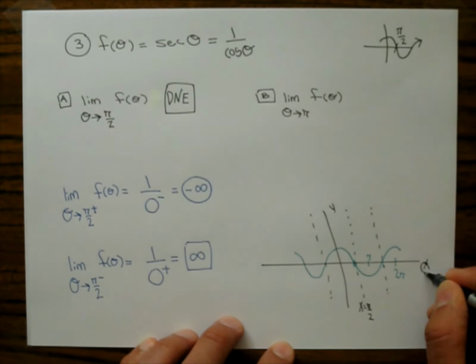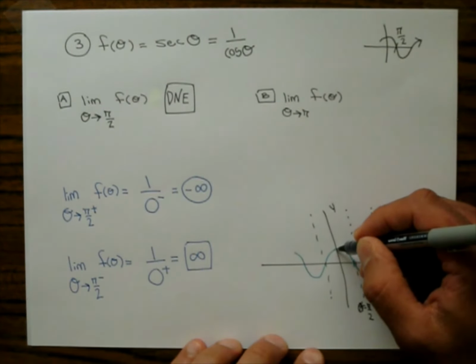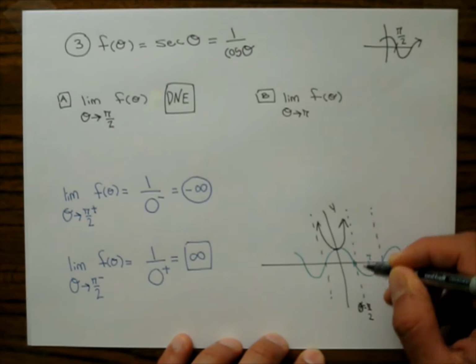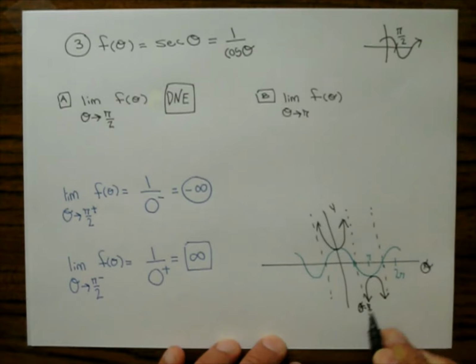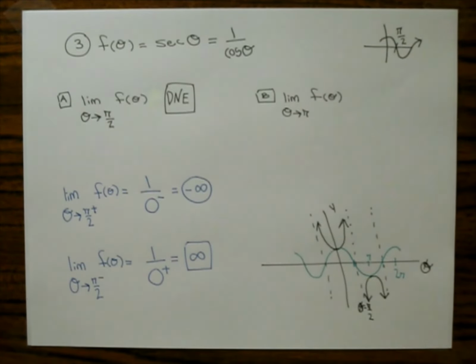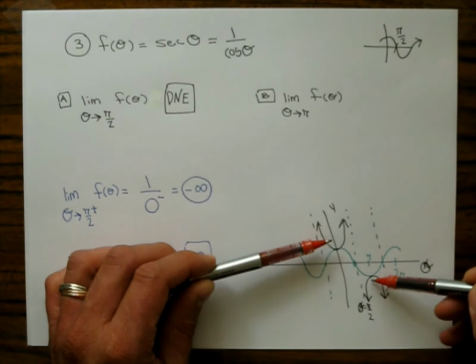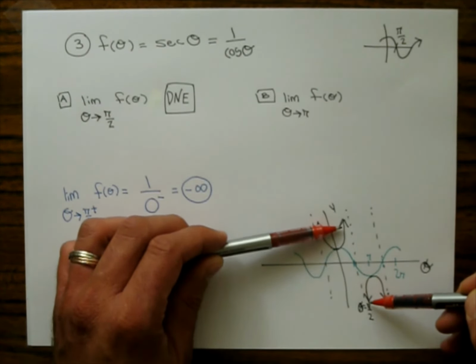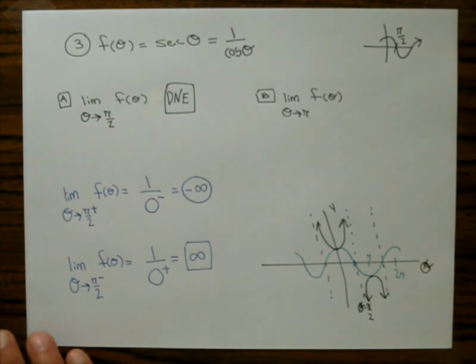Maybe I should be writing thetas. And so, if you remember from trig class, the secant goes like this, and then goes down like that. So I'm just showing you another way of getting this result. And then you have the two bugs walking toward pi halves, and one's going like this, and he's going down, and this guy is going up. Are they ever going to meet? The answer is no, does not exist.